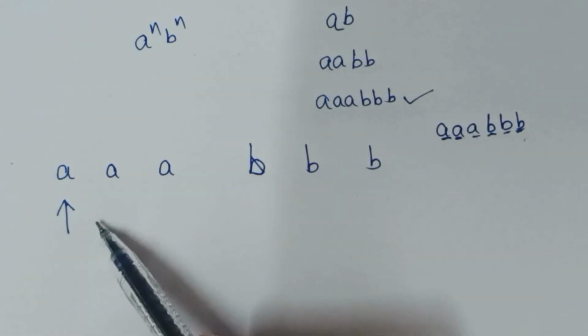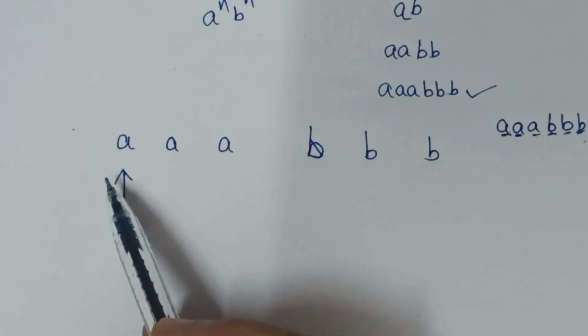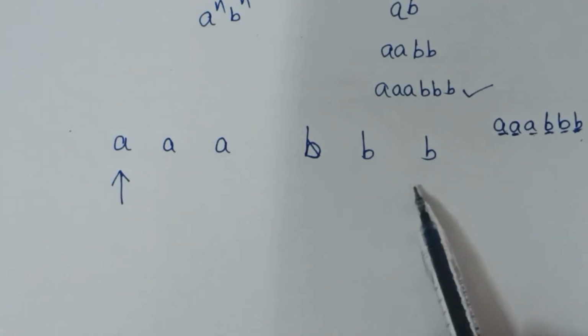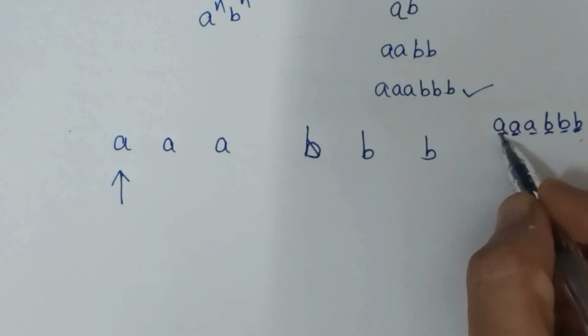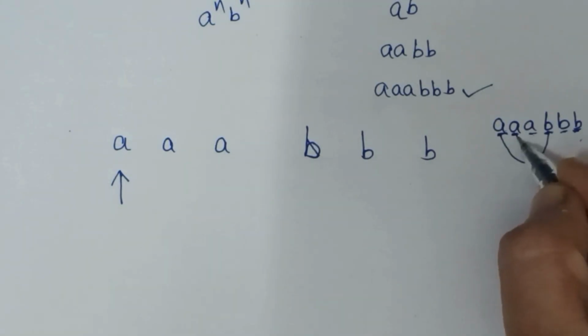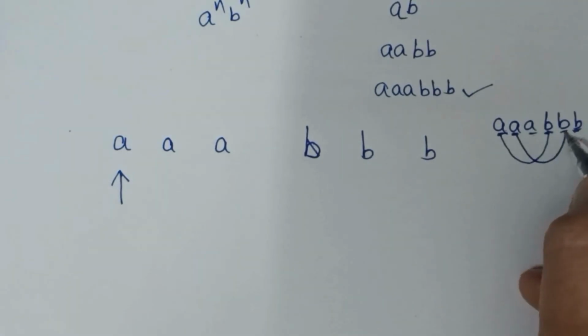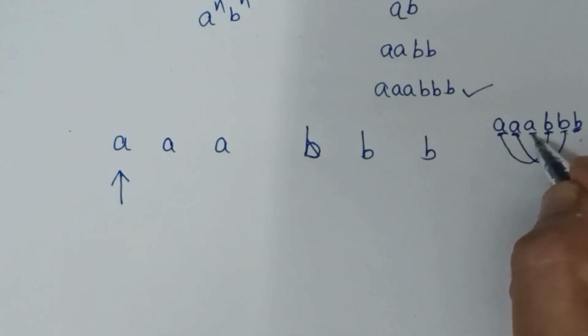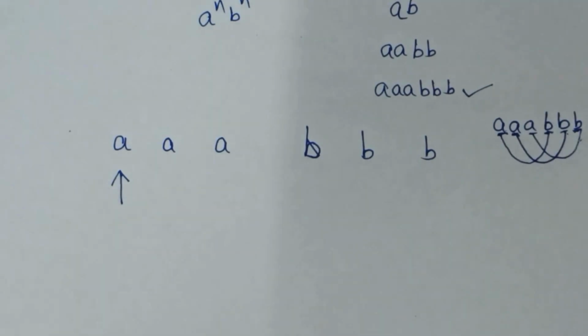But here the Turing machine needs to identify that there are 3 a's and 3 b's. From a we directly jump to b, and we say that for 1 a we have 1 b. Next, for the second a we jump and check this a, this b. For the third a, I will check and jump to this one.